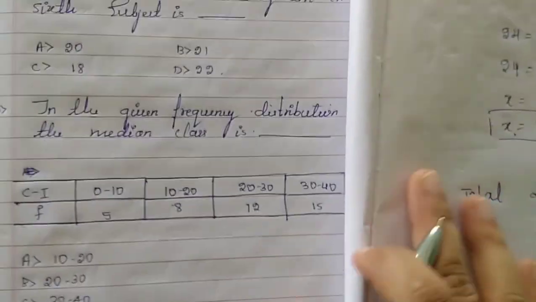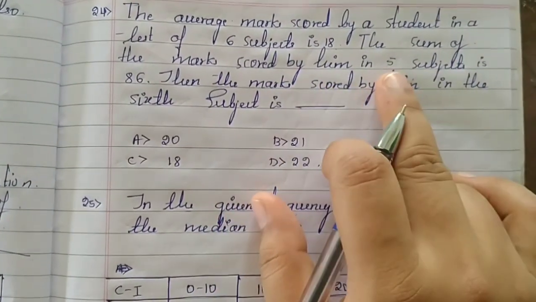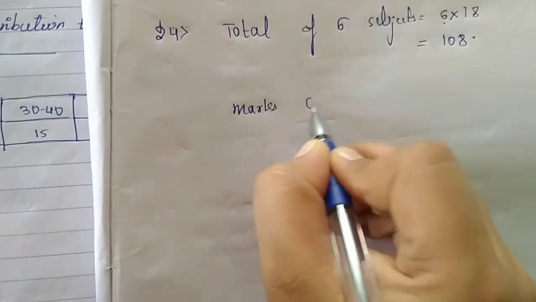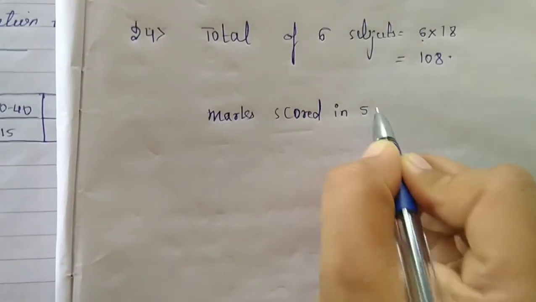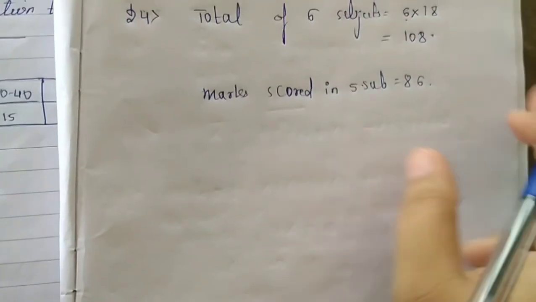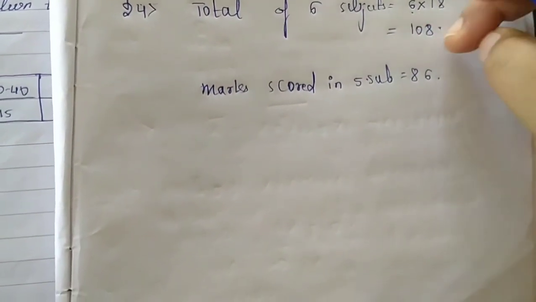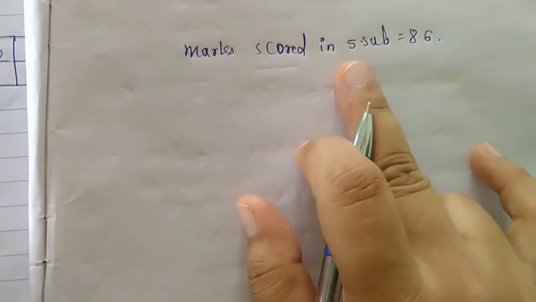Next, they have given that the sum of the marks scored by him in 5 subjects is 86. So marks scored in 5 subjects will be equal to 86. We know how much he scored in all 6 subjects, 108, and how much he scored in 5 subjects, 86.